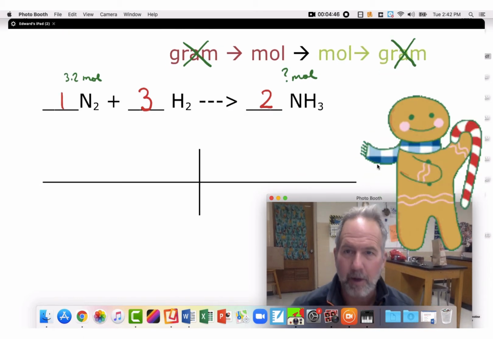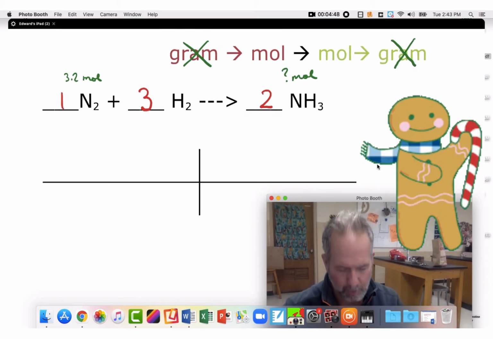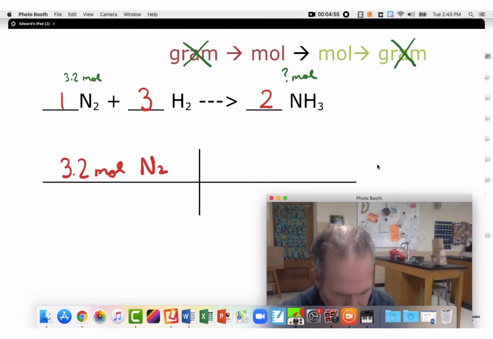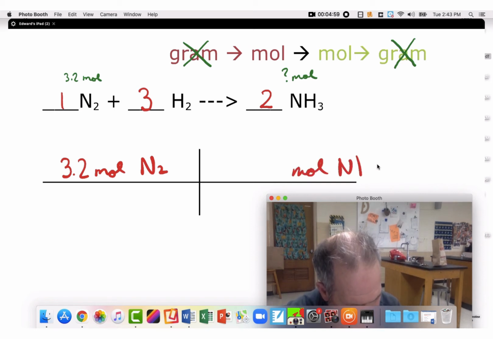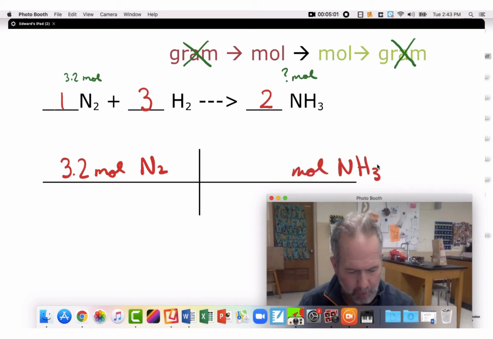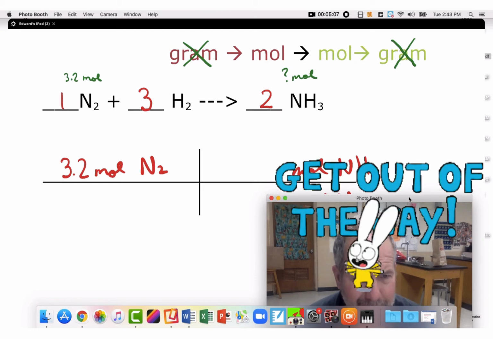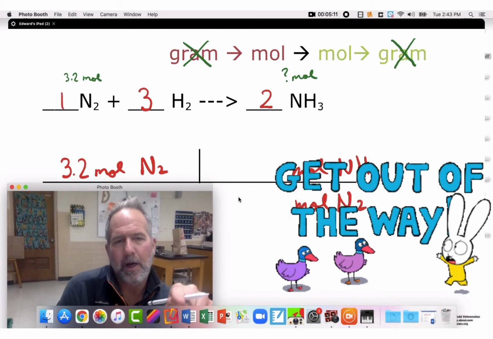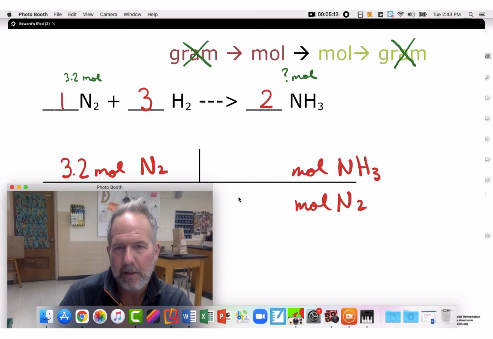Okay, here we go. Starting with our given 3.2 moles of N2. What are we trying to find? Moles of NH3. What are we trying to cross out? Moles of N2. We're crossing out mole.